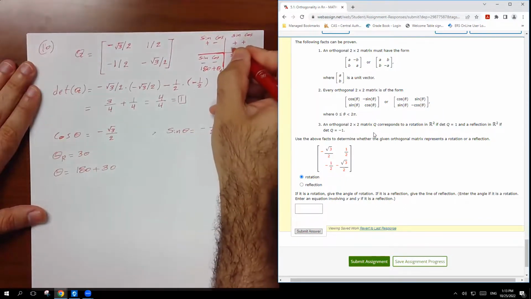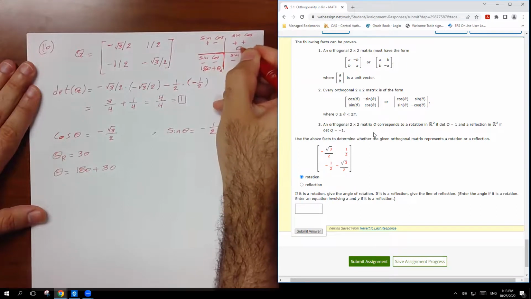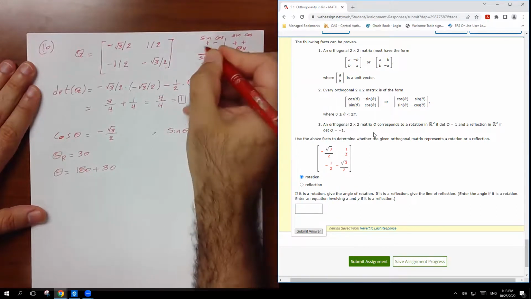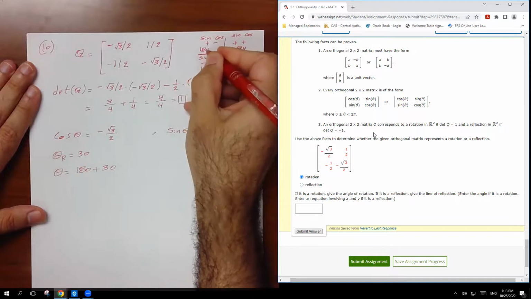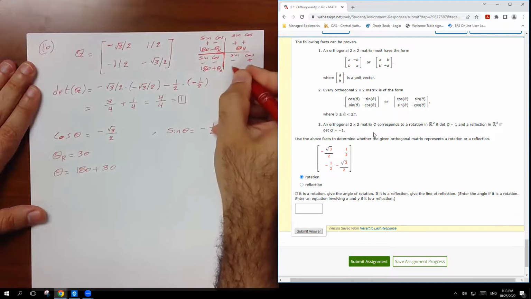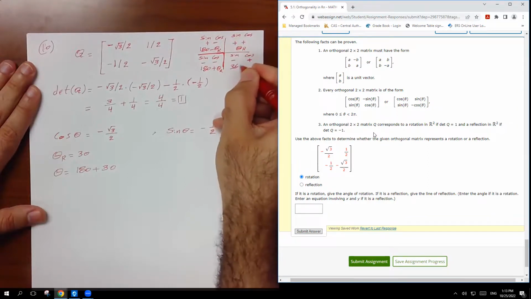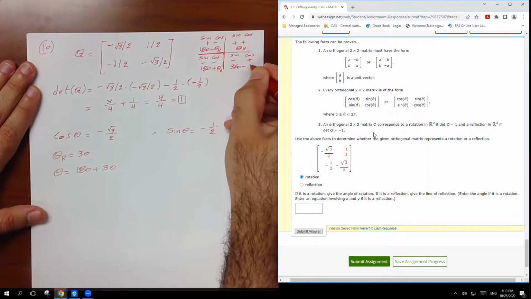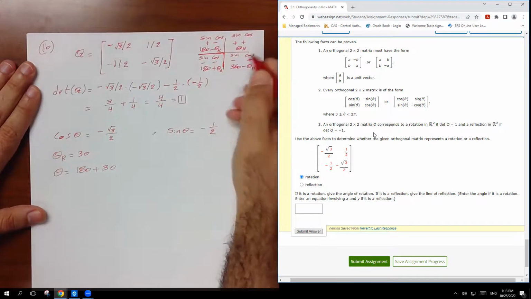Here you're going to say just the reference theta, here 180 minus the reference theta, and here 360, which is 2 pi, minus the reference theta.